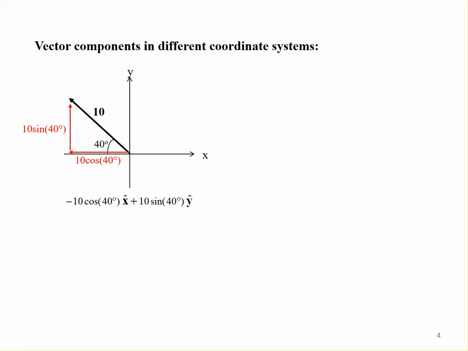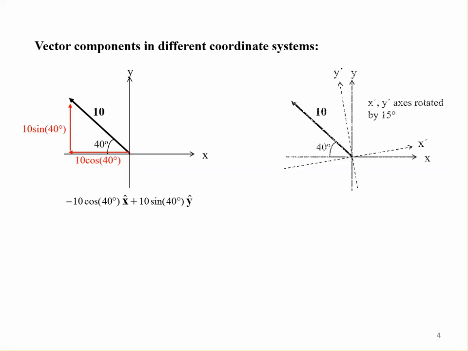Now I want to show you something related to this, but with a little bit of a twist. Imagine if I start with the same vector. So here I've drawn that same exact vector as before. But instead of drawing the good old x, y coordinate system like I had over here, suppose I introduce a new set of coordinates, these dashed coordinates.